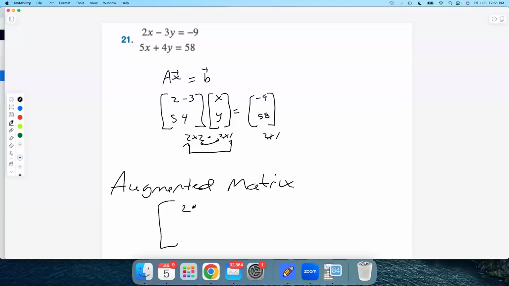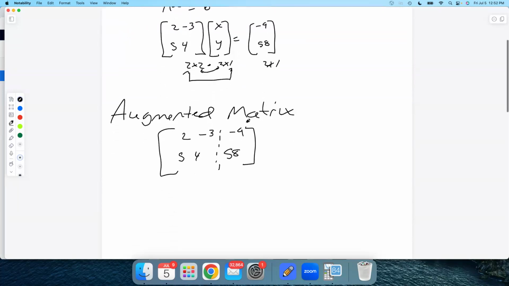So we just copy over that matrix A, and then we put this little dashed line in here to remind ourselves that we're augmenting, we're adding on something to matrix A here, and that's this constant vector over here.